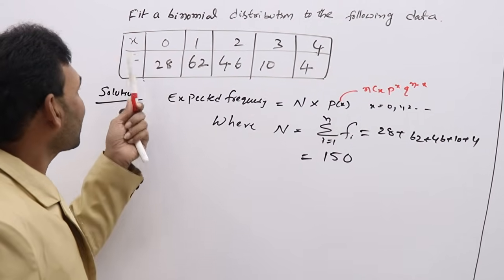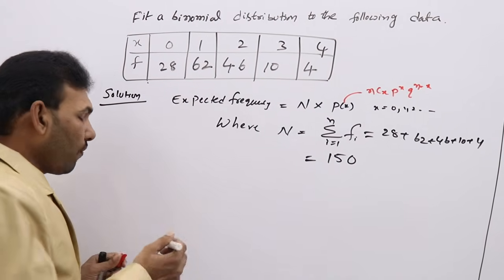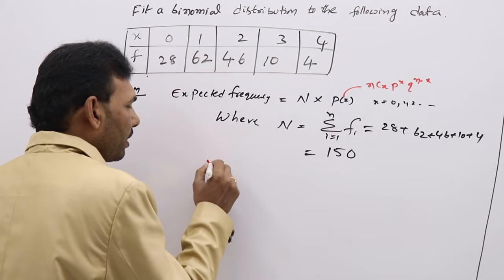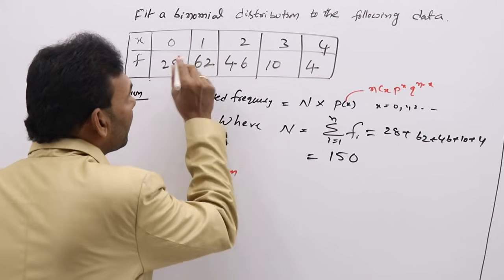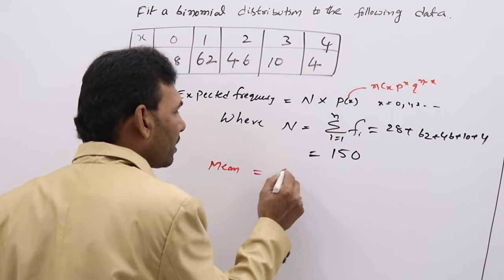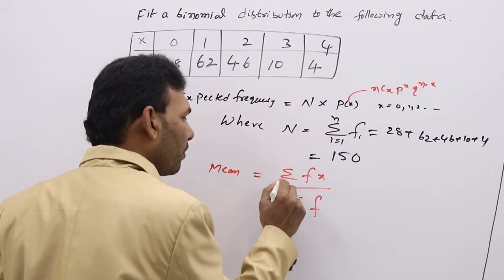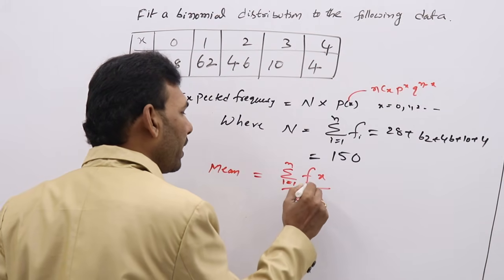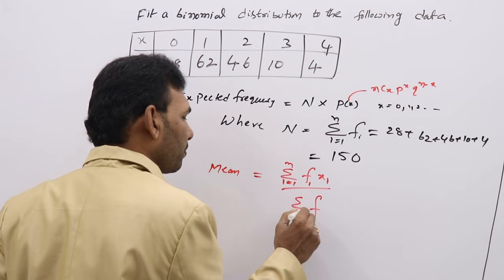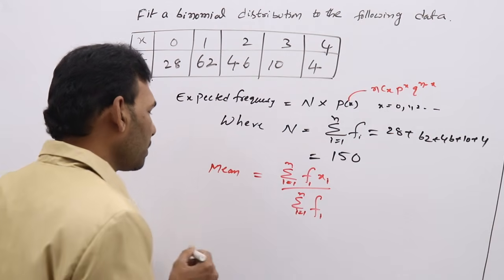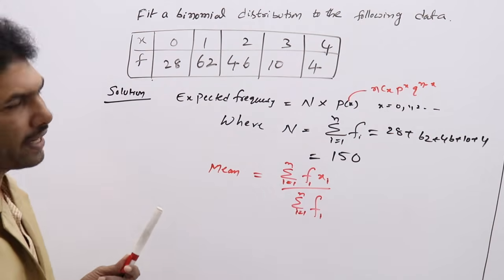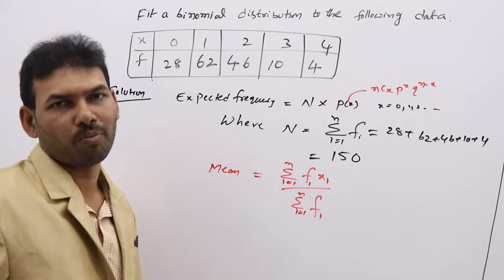Whenever x and f are given, we know the formula for mean: sigma fx by sigma f, for i equal to 1 to n. This formula we learn in statistics, the mean formula.